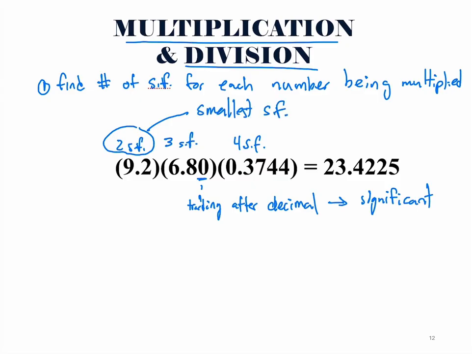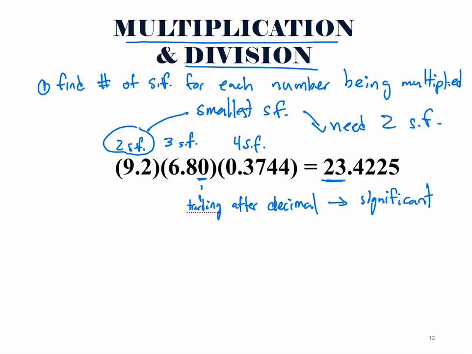Which means that this needs 2 significant figures. Right? And so 2 significant figures means we need how many digits? 2. Right, so the 3 is our last significant digit. We have to round the answer accordingly.